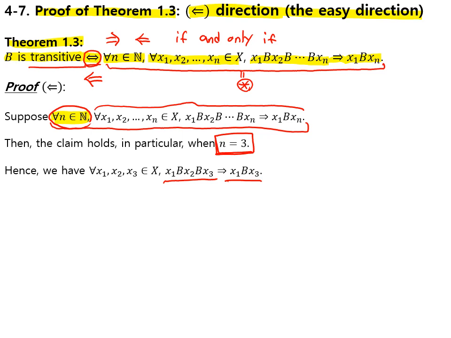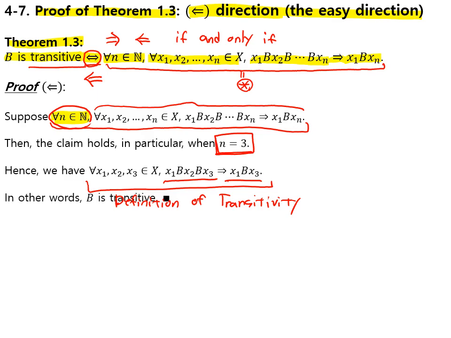And we can see that this exactly is the definition of transitivity. So in other words, the binary relation is transitive, and that completes the right to left direction of the proof.